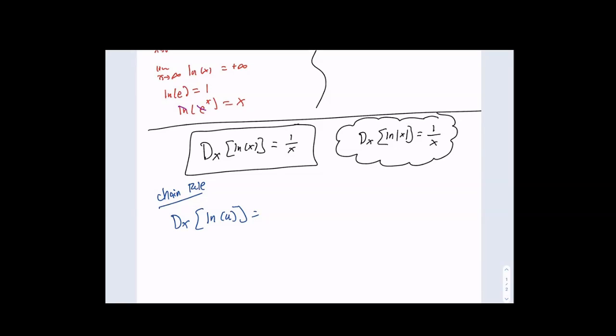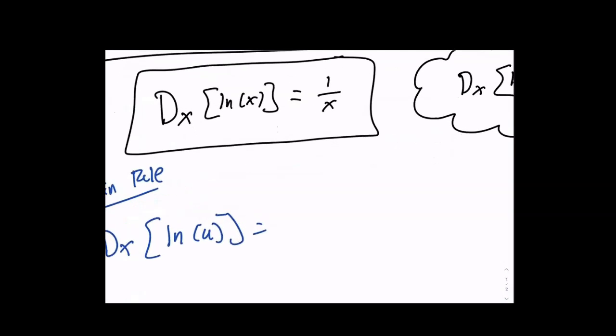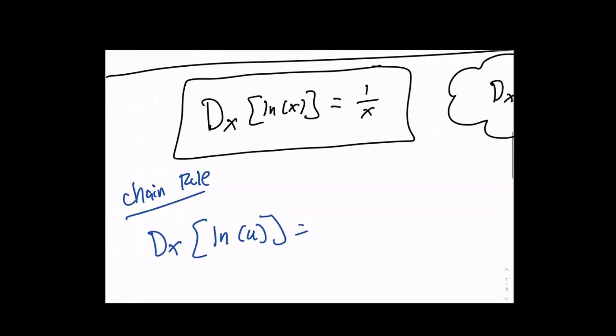So let's use our previous derivative that we know right above, and of course the chain rule. What would you think it would be? Given that the derivative of the natural log of x is 1 over x, what do you think the derivative of natural log of u is with respect to x?